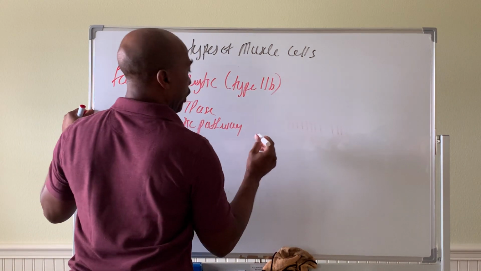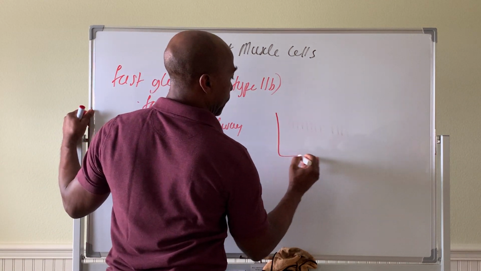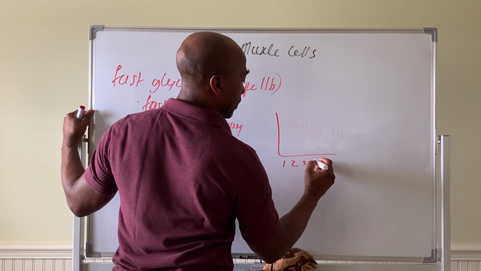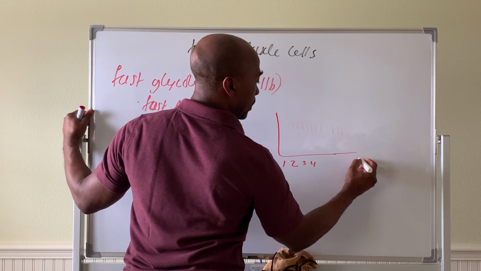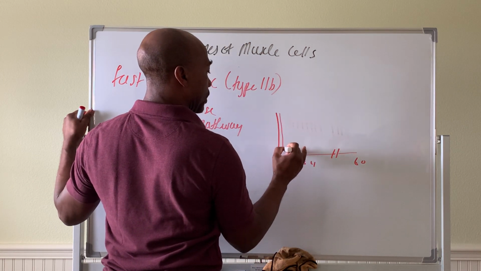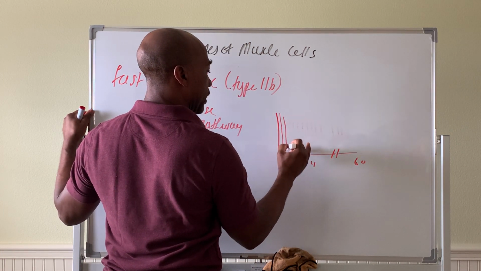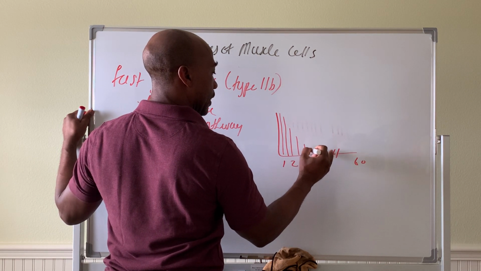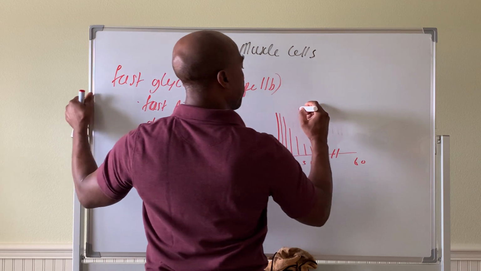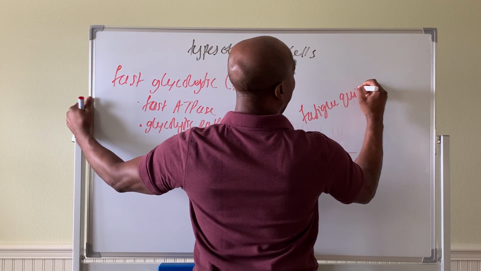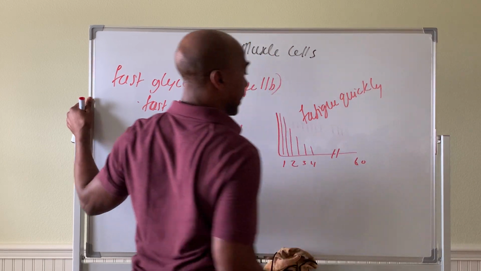So in here, this is the case. We have 1 minute, 2 minutes, 3 minutes, 4 minutes, up to, say, 60 minutes up here. By the time you get 2 minutes or so, they're already fatigued. So they fatigue quickly, but they're powerful and quick.